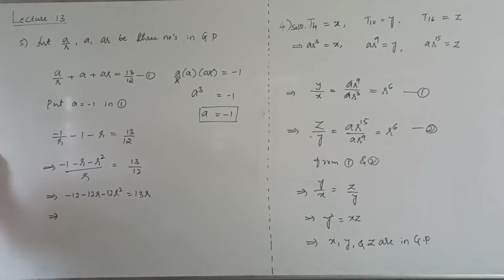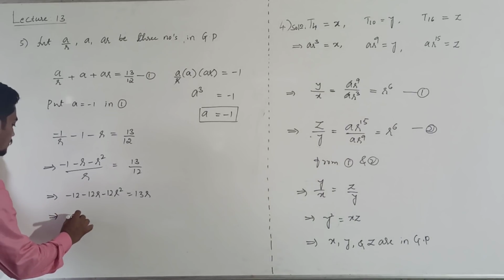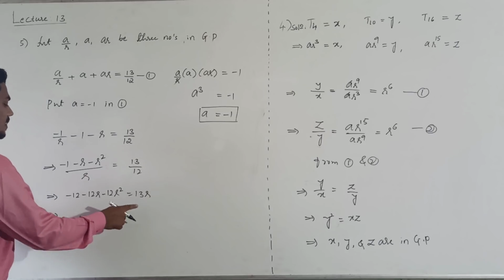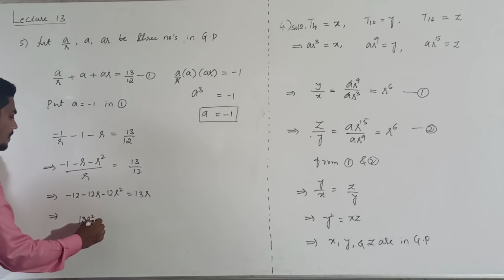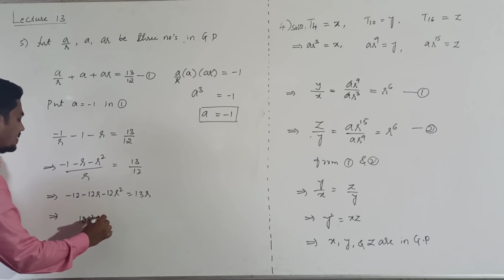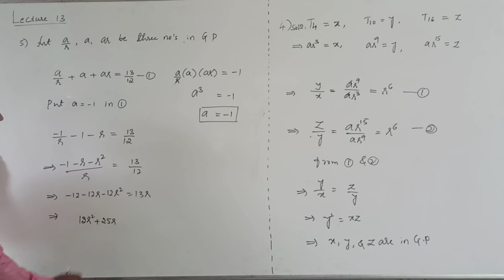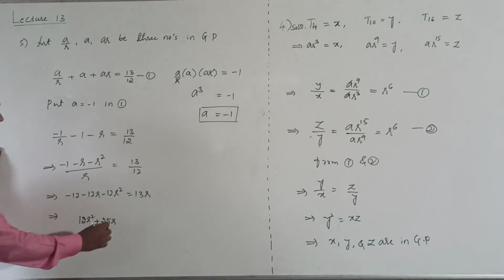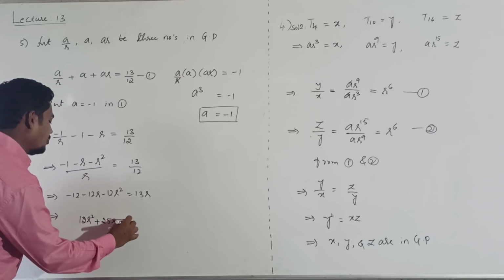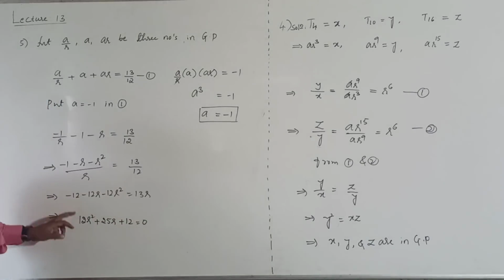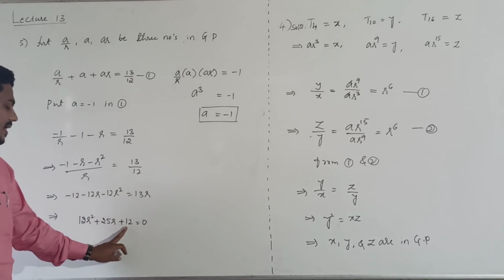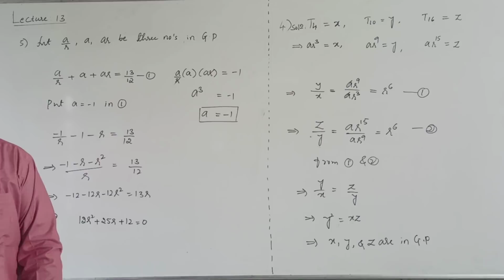After that just rearrangement. 12R square plus 25R plus 12 equal to 0.